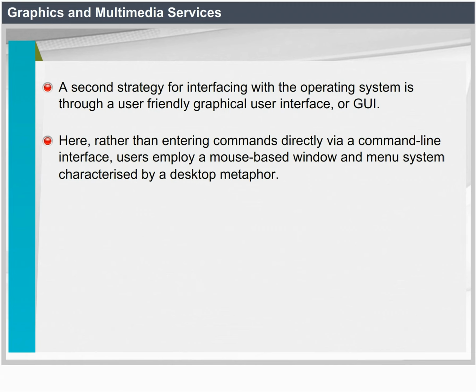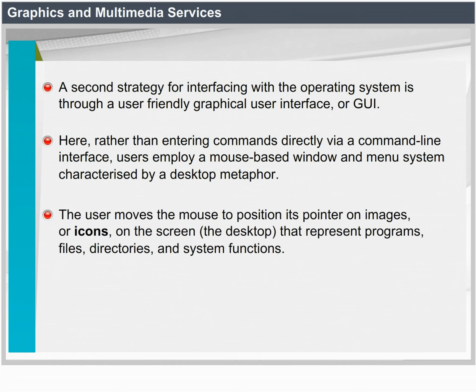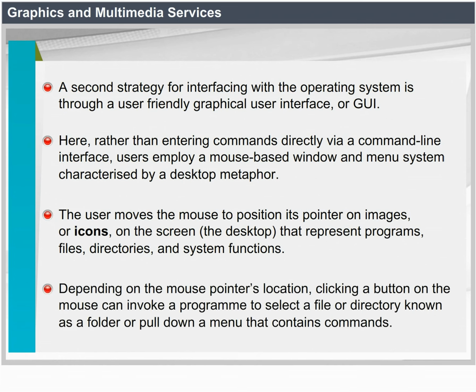The user moves the mouse to position its pointer on images or icons on the screen, the desktop, that represent programs, files, directories, and system functions. Depending on the mouse pointer's location, clicking a button on the mouse can invoke a program, select a file or directory known as a folder, or pull down a menu that contains commands.